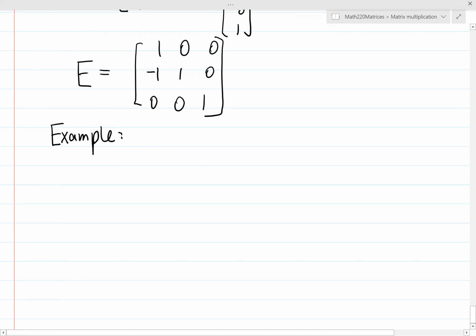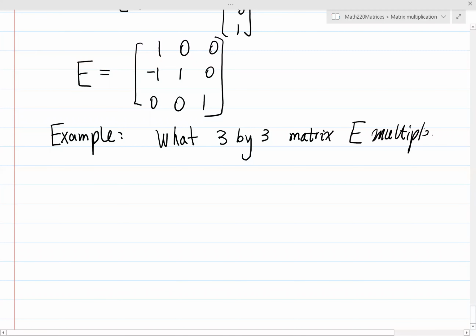Find a 3 by 3 matrix E. What 3 by 3 matrix, if we multiply this E by (x, y, z) transpose? Here T means transpose.